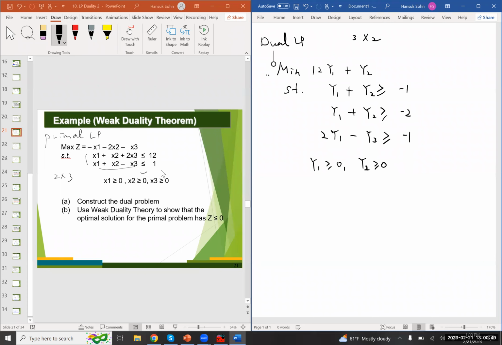Because here the constraint coefficient matrix for the primal system is 1, 1, 1, 1, 2, negative 1. So in the dual system, the constraint coefficient matrix must be the transpose matrix. So 1, 1, 1, 1, 2, negative 1.